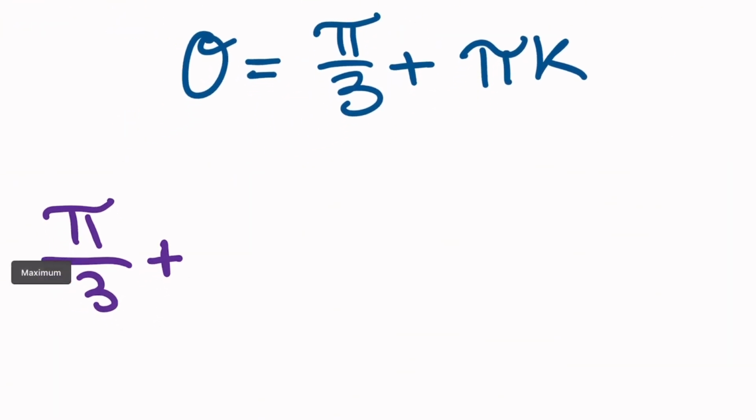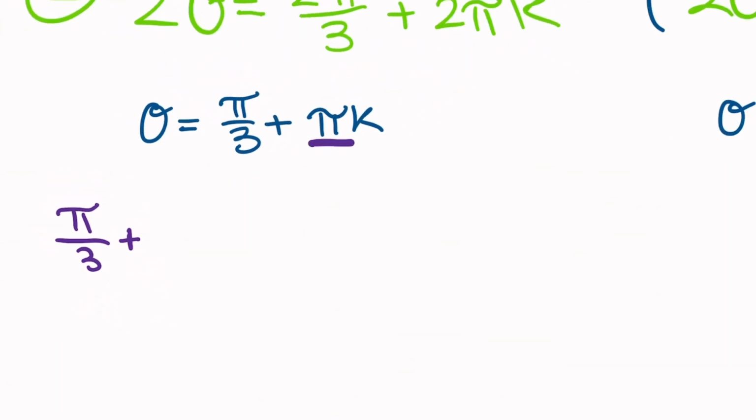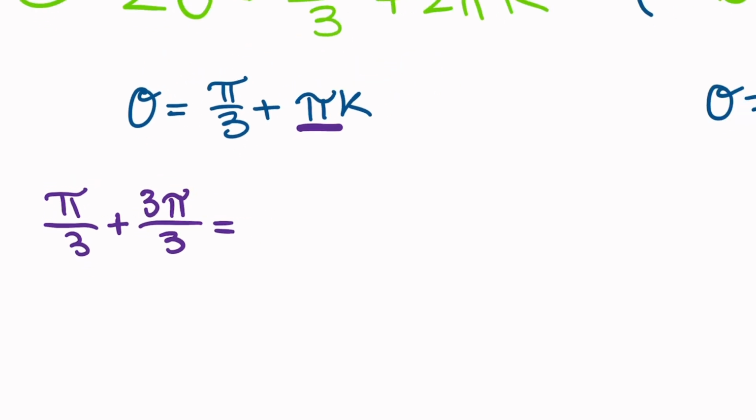Okay, guys. So now we're going to look for all the solutions. So I set up this sort of equation, and you're going to add pi. So again, 3 pi over 3 in the simplest form. So you're going to add pi and see where it gets you. So you get 4 pi over 3. This is going to be great because this is still within range of 2 pi.